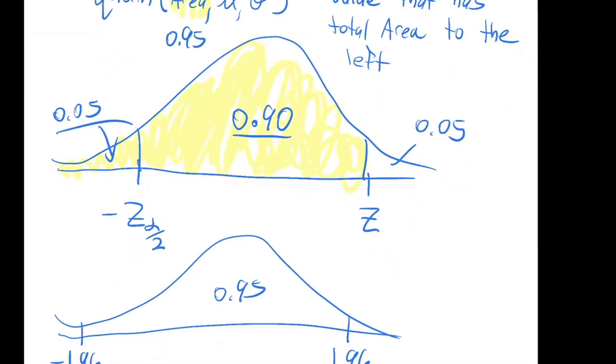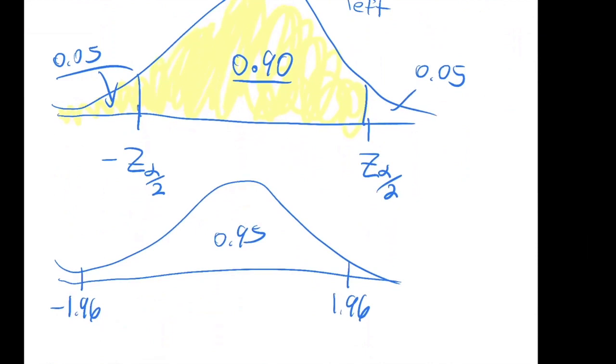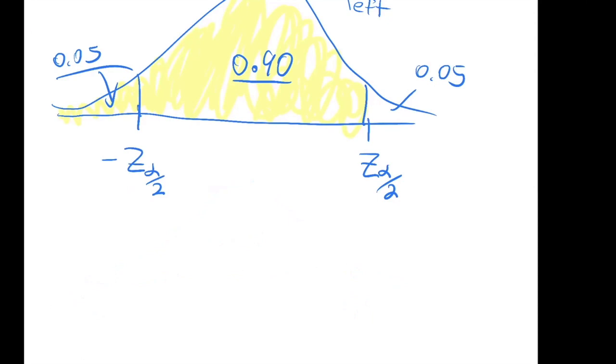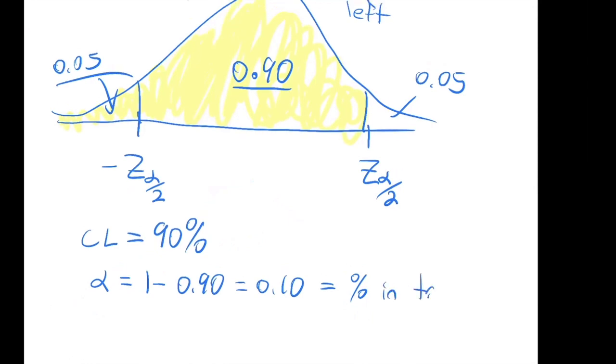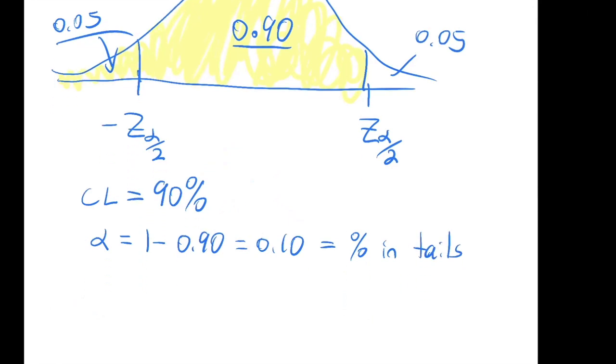And these guys get special notation. We call them Z alpha over 2. Let me just explain what that comes from. So here we could say the confidence level is 90%. And we say that alpha is telling us how much stuff is not in the middle.